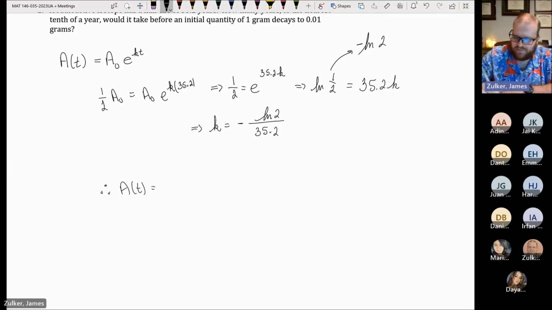Plug this k back in. But A naught is 1 gram, right?